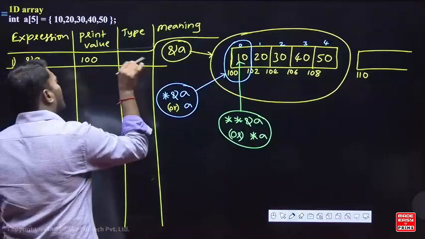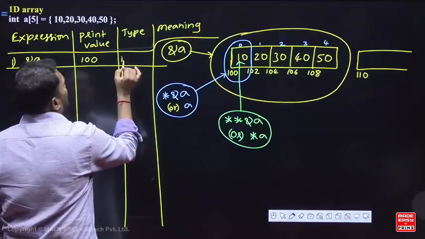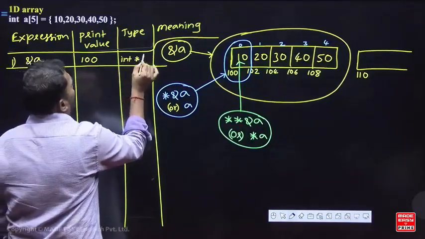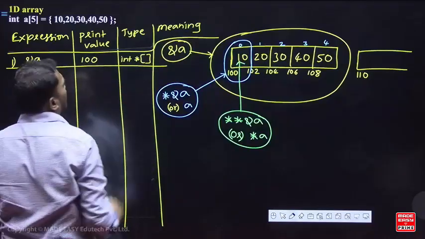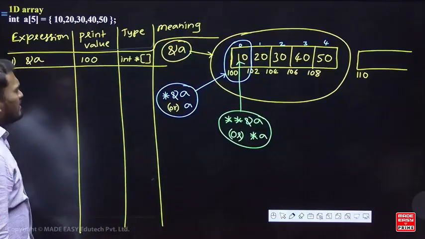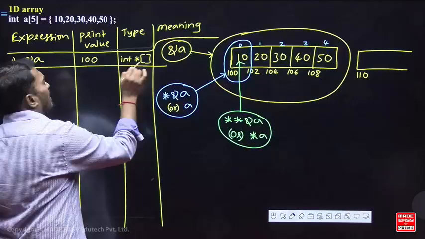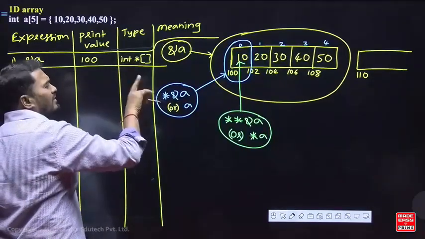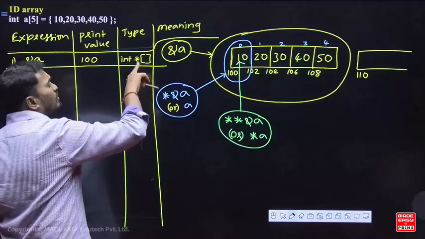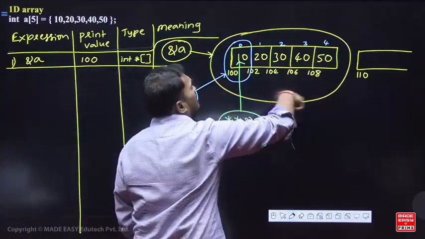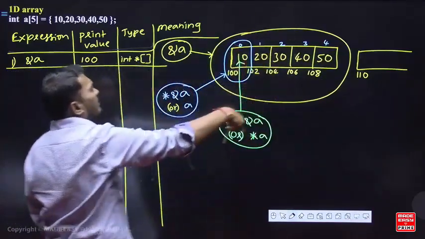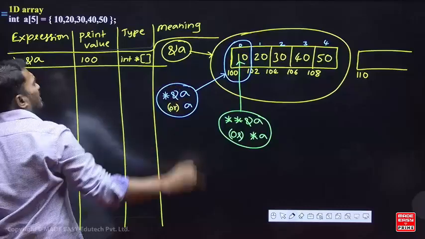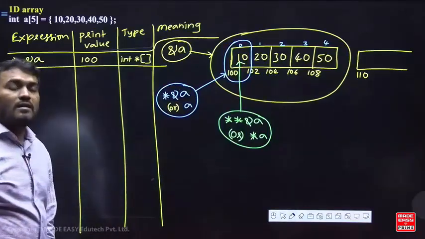Now tell me, what is the type? The type is int star in single braces. Note it down, just copy it. Why single braces? Because it is a pointer, a pointer to the entire 1D array. So the type is int star braces.